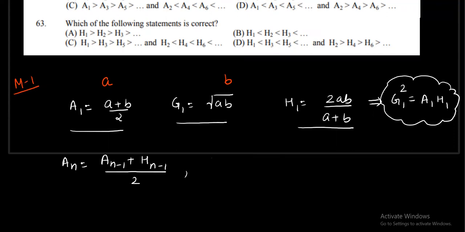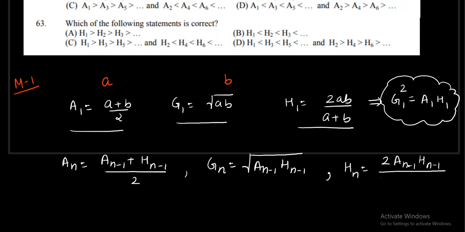Now I'm going to write the geometric mean, which will be root over An minus 1 times Hn minus 1. Similarly, Hn is the harmonic mean of An minus 1 and Hn minus 1, so we write the harmonic mean like this. Fine, so I have the general formula for An, Gn, Hn.